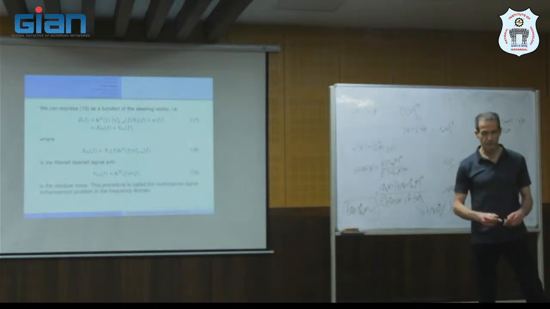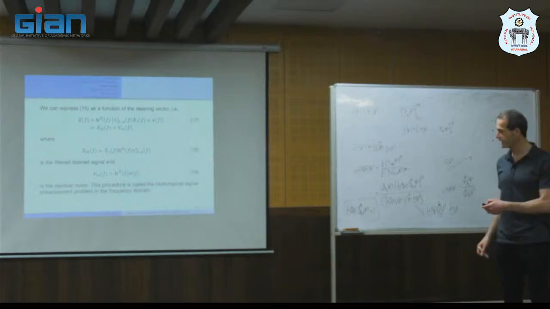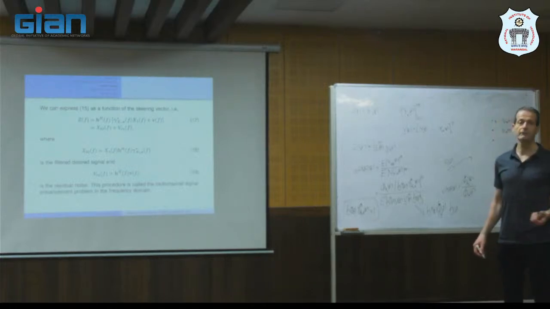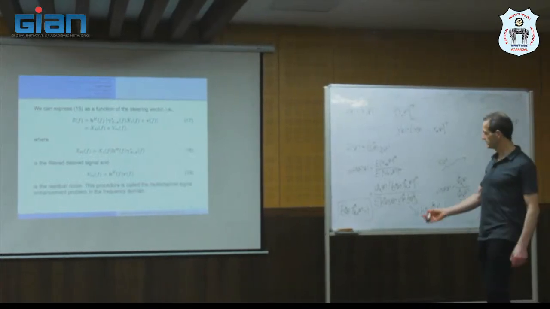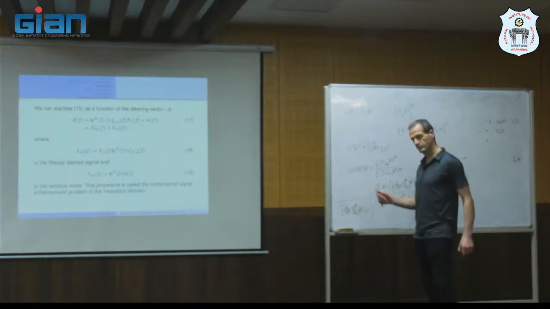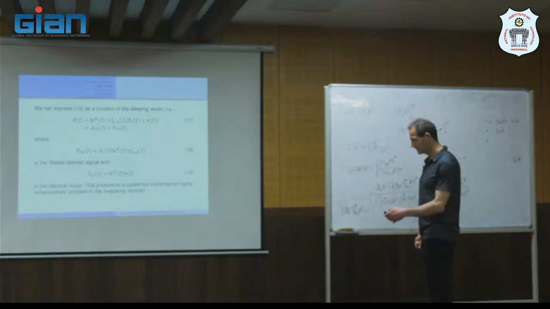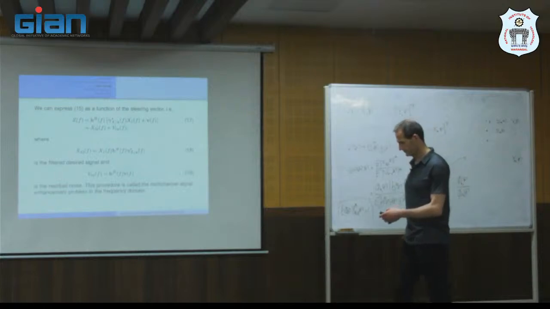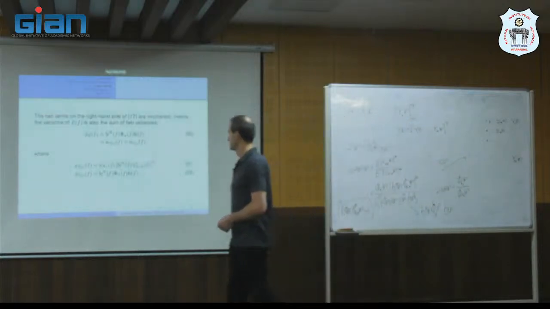If it's 1 for all frequencies, what do we get? The MVDR filter. So this will be the constraint when we derive the MVDR filter. If it's not satisfied, necessarily we will have some distortion. Okay? Questions?